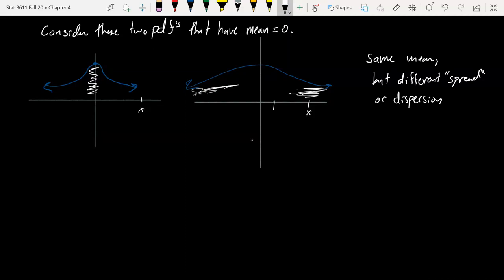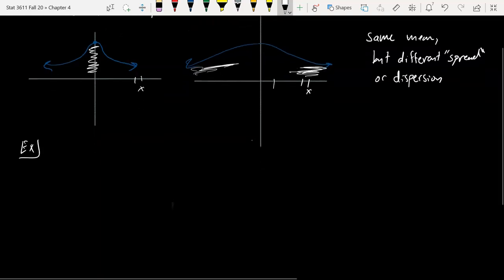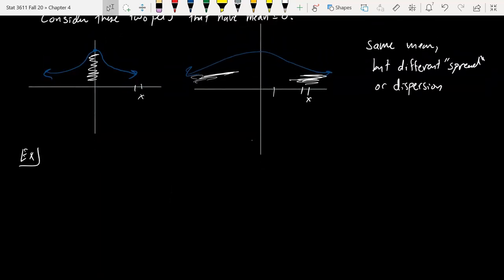Since we're talking about continuous, I would maybe say a range of values, from here to here or something, right? So let's try to simplify this a little bit. Let's investigate this with two different discrete distributions.